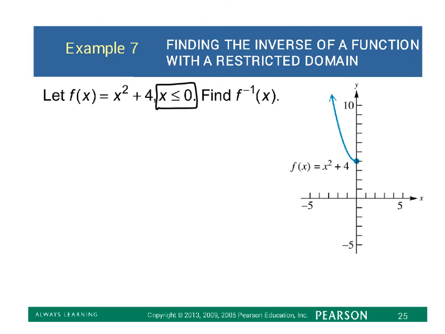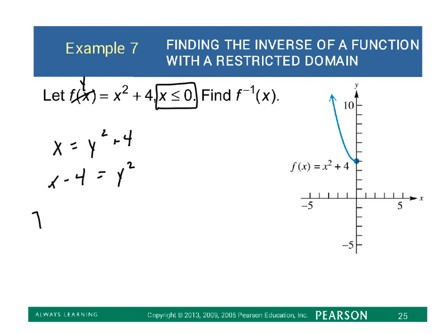Okay, so let's go ahead and find the inverse. Replace this with y and interchange x and y. So we have x equals y squared plus 4. Solve for y, we get this so far.